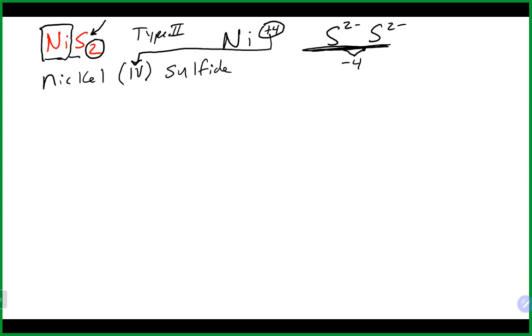Now, when we have names and we want to go backwards, which is another thing that we want to do, and we know it's an ionic compound, we want to make sure that we take the basic units that are present. So for example, if we had something, we'll just go with barium nitride.